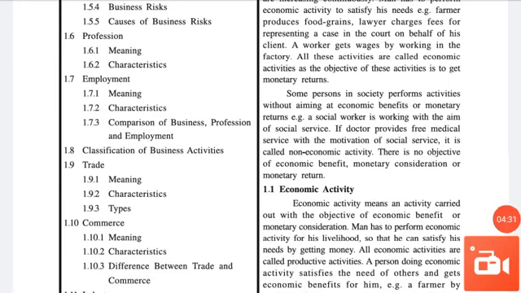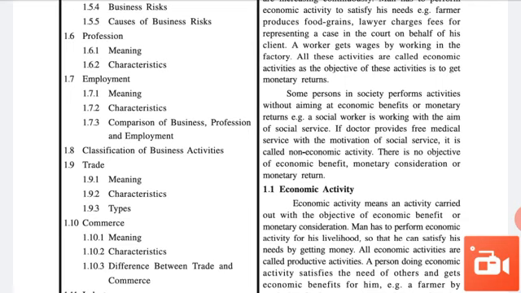Some persons in society perform an activity without aiming at economic benefits or monetary returns. For example, a social worker is working with the aim of social service. If a doctor provides a free medical service with the motivation of social service, it is called non-economic activity. Means activities in which the objective is not to get monetary returns are non-economic.